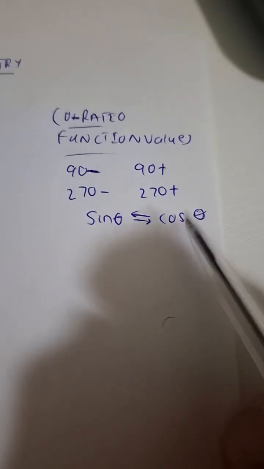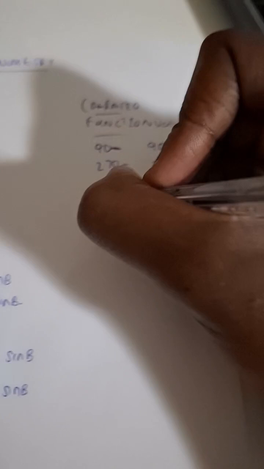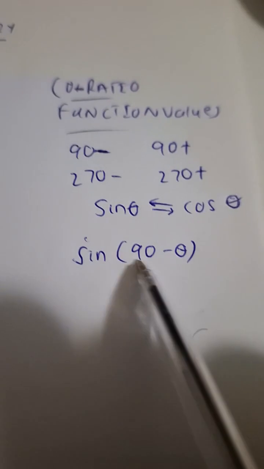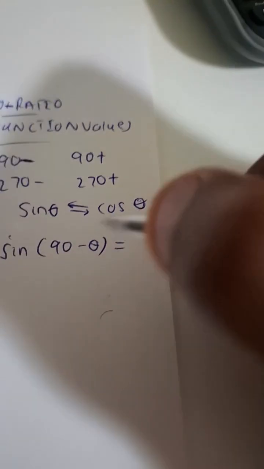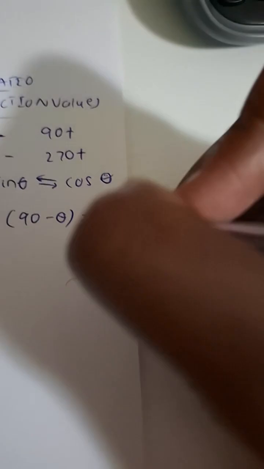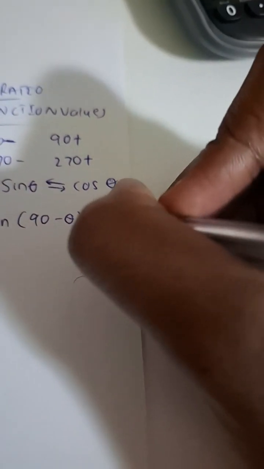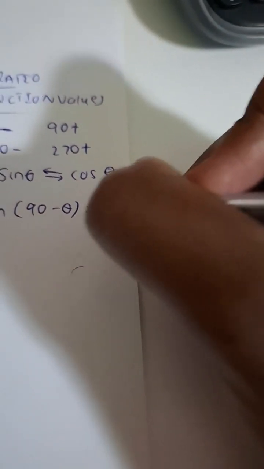This is where if you have sine theta, the sine theta will change to cos theta. And if you have cos theta, the cos theta will change to sine theta. So just a quick example for that. If you have sine of 90 minus theta, for instance, you do the same thing. 90 minus theta is in which quadrant? It is in the first quadrant. How is sine in the first quadrant? It is positive. So then you write your answer as positive cos of theta.